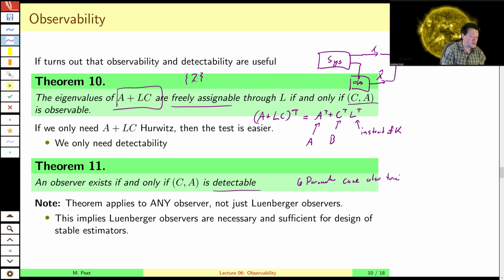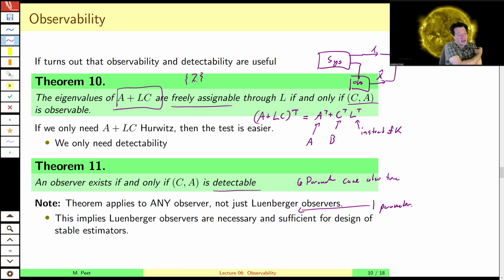And that's not surprising, because if it holds for a special case of the 6-parameter case, the 1-parameter case in the Luenberger observer, obviously it holds for the 6-parameter case as well.